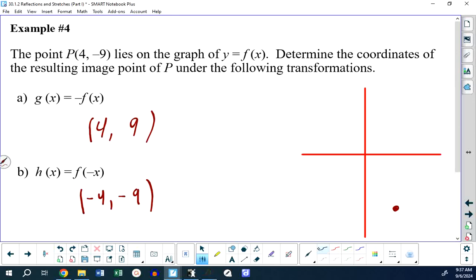Does that make sense? I could use mapping. I could say for a horizontal reflection, x comma y maps to negative x comma y, and then just multiply the x coordinate by negative 1. But I don't think it's necessary. Any questions with A or B?